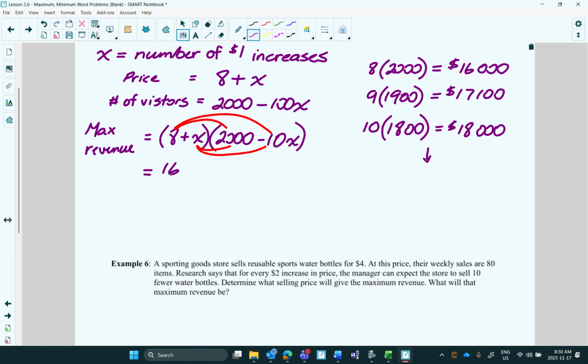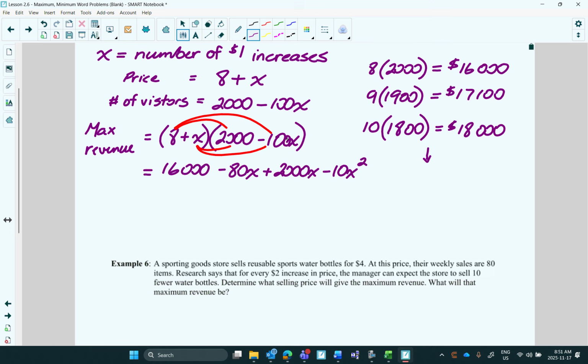So we get 16,000 minus 80x plus 2,000x minus 10x squared. Nope, that's 100.